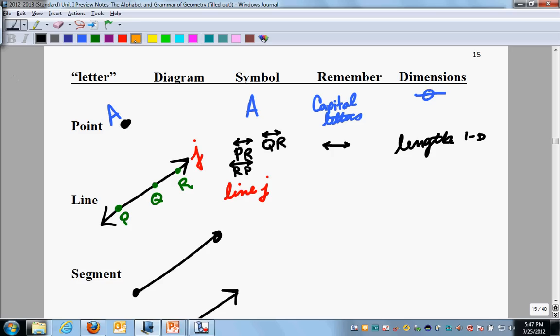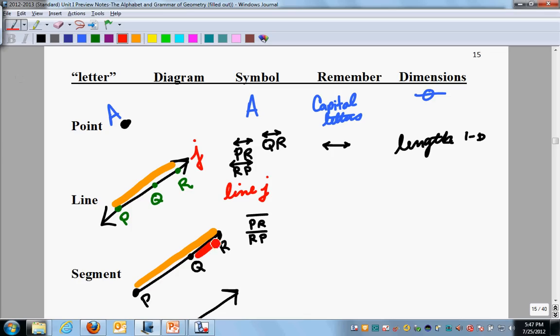Now a segment is a piece of a line. If I take a chunk of this line and bring it down here, I could call this segment PR. Could also call it segment RP. If I bring in this additional point, then I have two additional segments.